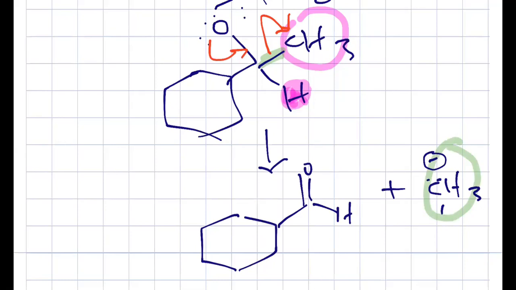So I'm just going to put whatever halogen I want. It's up to you. You can stick a bromine on there, iodine, chlorine, it doesn't matter. This is the precursor to the Grignard.